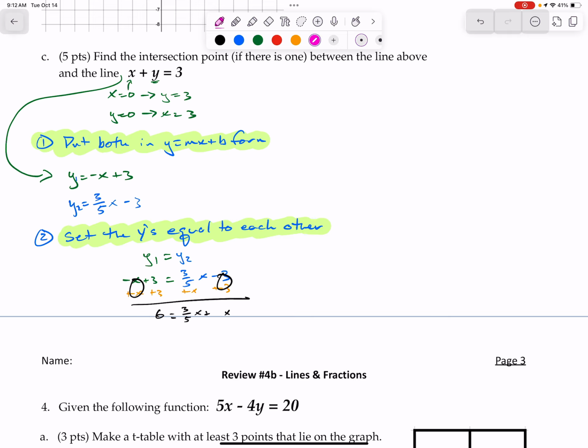And common denominator, that's really 5 over 5 x. So 6 equals 8/5 x. Multiply both sides by, let's move this over. I didn't give myself enough room, and the arrowhead got moved.